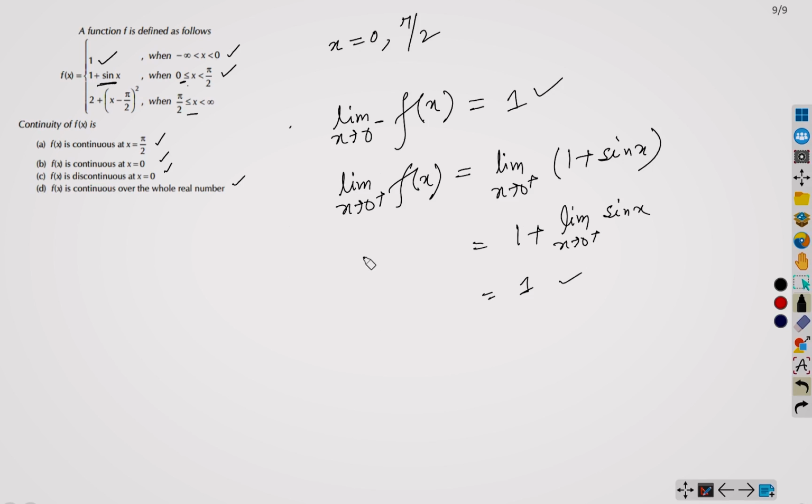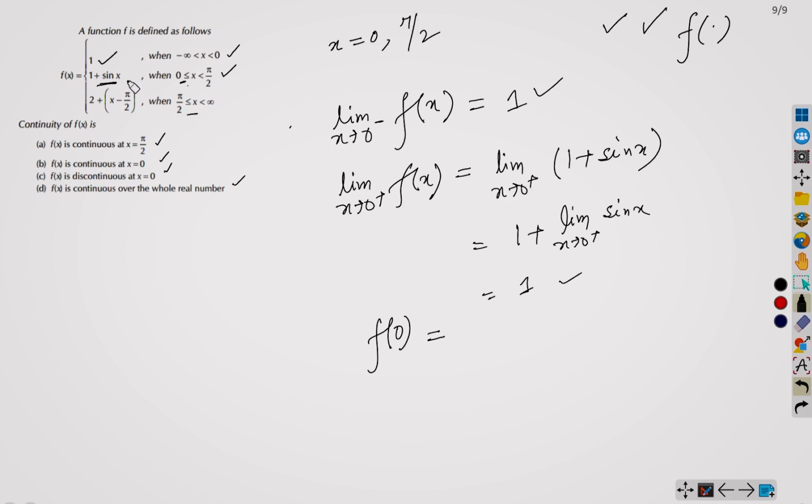On top of that, we need to check one more thing. As I mentioned earlier, we have to check the left hand limit, the right hand limit, and the value at that point. So what is f of 0? Since here x is greater than or equal to 0, we will take this definition.